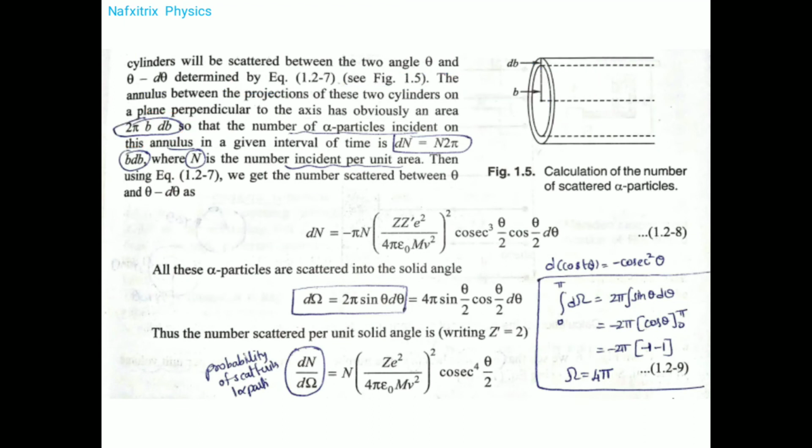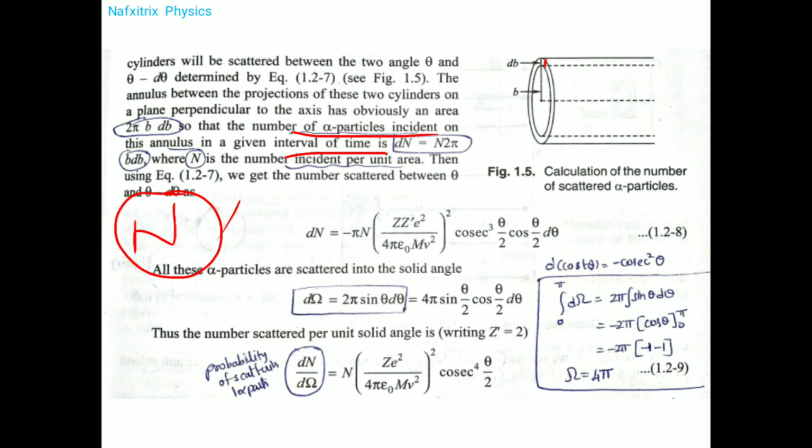So the particles incident on this annulus in the given time interval: n is the number of alpha particles incident per unit area. In the unit area, this many alpha particles are incident, but here the area between b and b plus db is 2 pi b db.